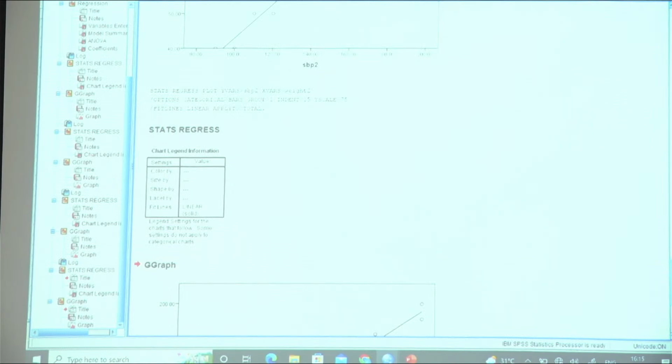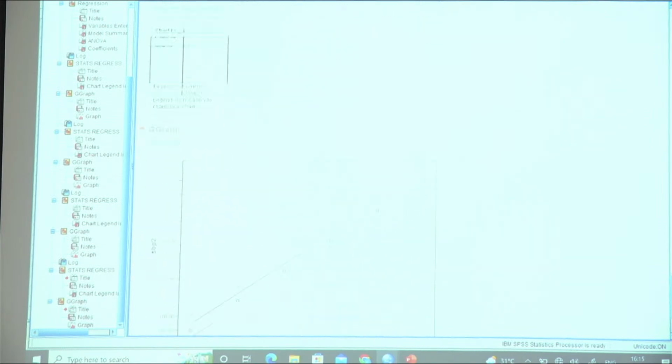Now you can see, this is the line we got. Now, how much is the distance of the points from the line? Anybody remembers? The line has been drawn along the average of the two figures, right? You remember that?